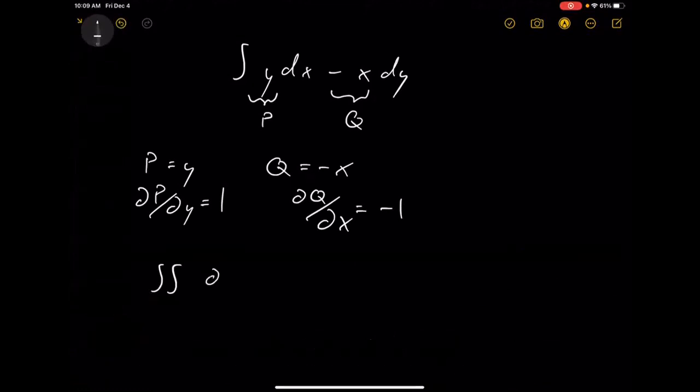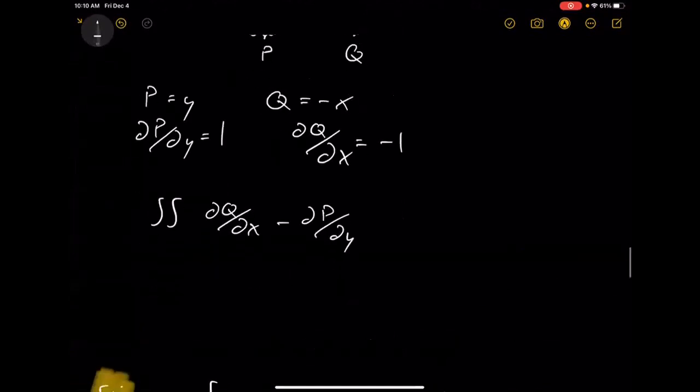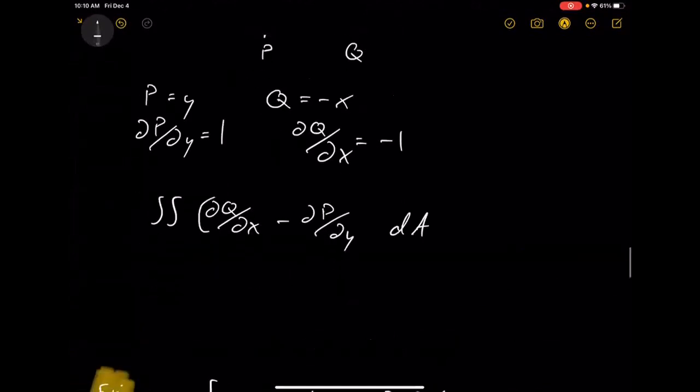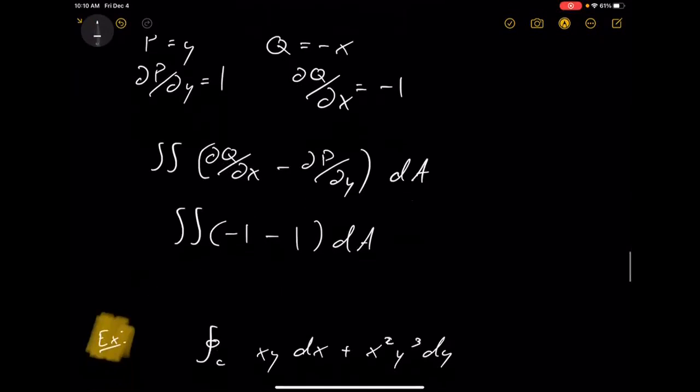When we convert, it's ∂q/∂x minus ∂p/∂y, right? All right, so what do I want for my problem here? I want negative 1 minus 1, right? So this simplifies to just negative 2. So my integral is just the integral of a constant, negative 2.